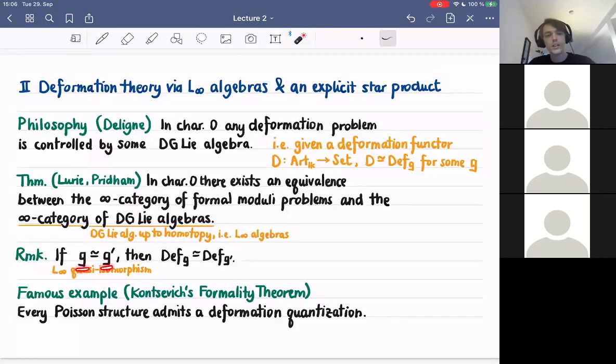Here maybe g and g prime were DG Lie algebras, and on the one side the Maurer-Cartan elements were the Poisson structures, and on the other side there were associative deformations of a certain type, which are star products. He was able to show that there's an L-infinity quasi-isomorphism between these two DG Lie algebras, so that the deformation functors are isomorphic. And then this statement follows from this.